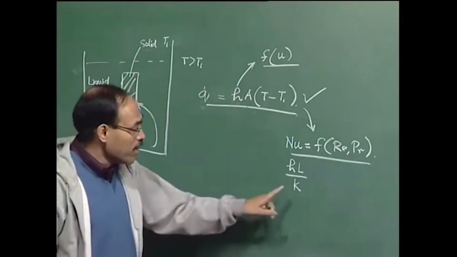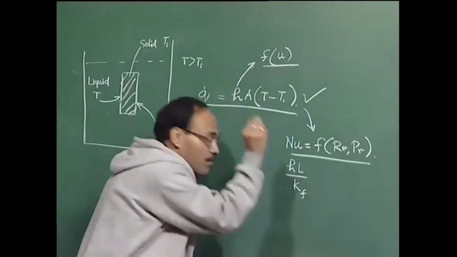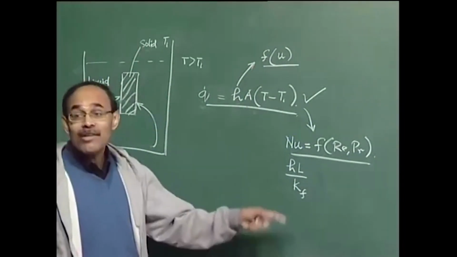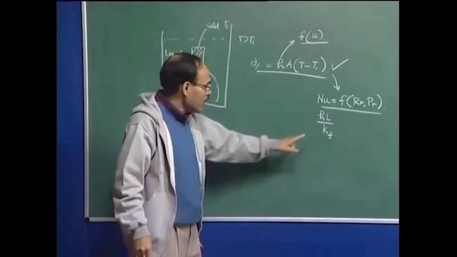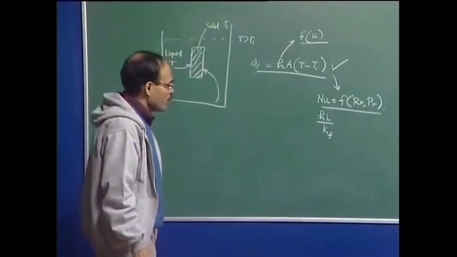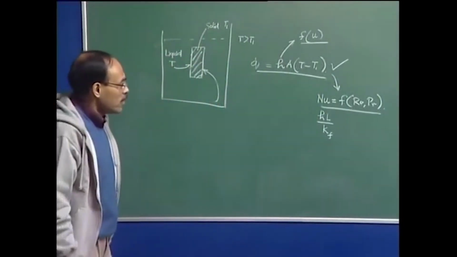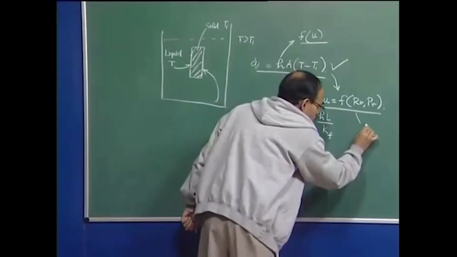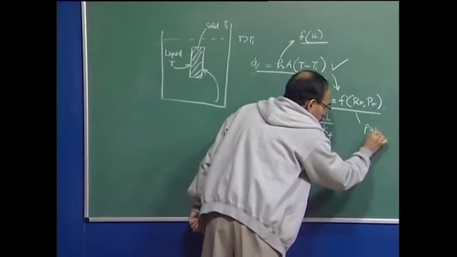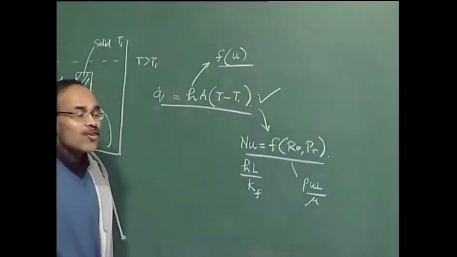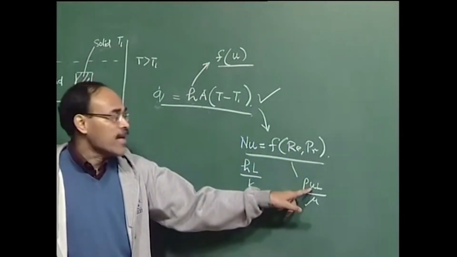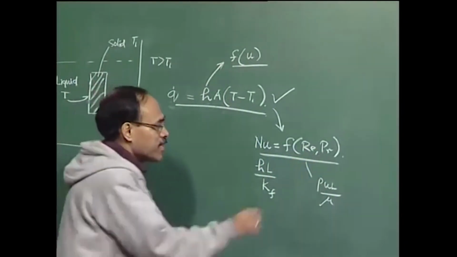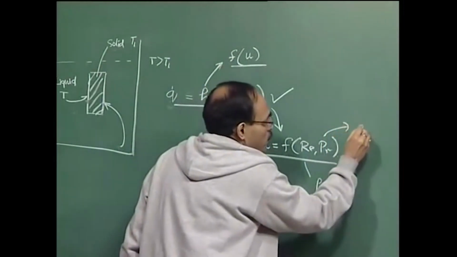And we must remember that this thermal conductivity is the thermal conductivity of the fluid phase. On the other hand, if you are talking about the Biot number, which looks similar to the Nusselt number, there the thermal conductivity is the thermal conductivity of the solid. Reynolds number, as you all know, can only be calculated provided we have some idea of the flow, and Prandtl number is again a thermophysical property, so it is alpha.